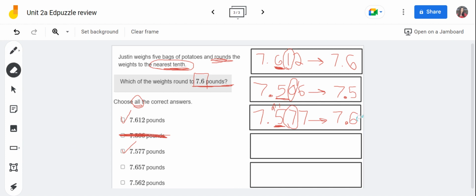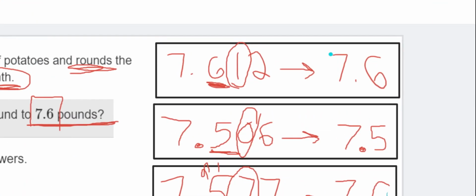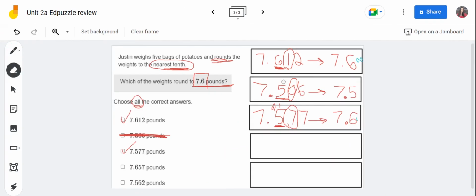I could also do the same thing with all of them. So for example, with this one, I could add my 2 zeros after. I know 600 is really close to 612. So I know that I rounded correctly. Of course, I don't need those zeros, so I can erase them, but I can always add them to double check. Okay, let's try the next one because I know I'm not done.